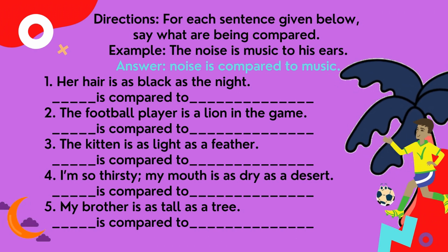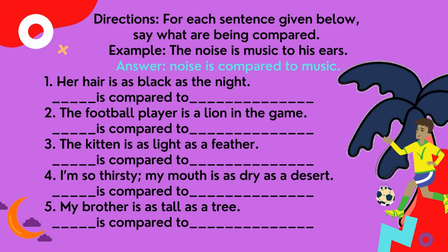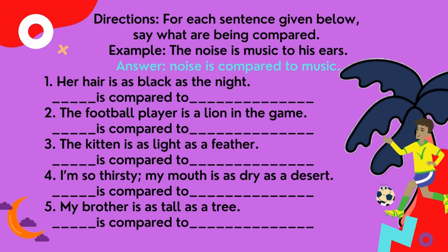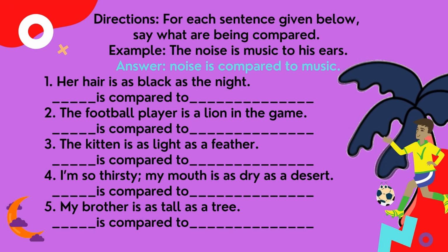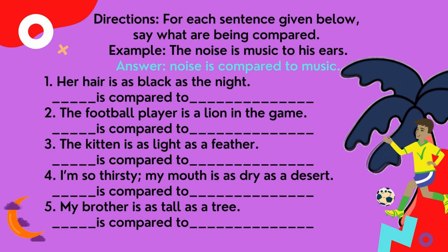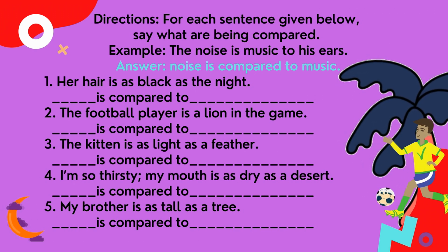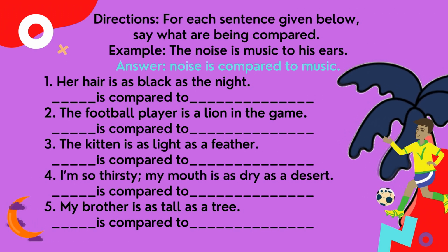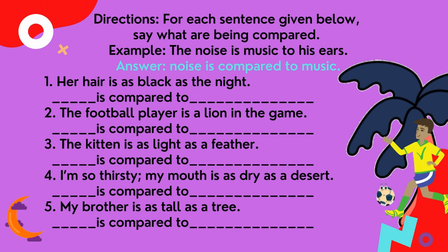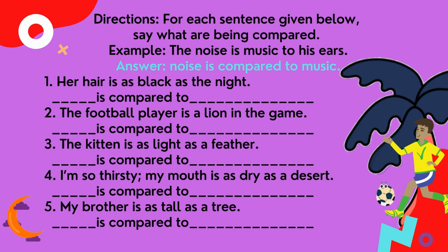Number four, I'm so thirsty. My mouth is as dry as a desert. Correct again. The mouth is compared to a desert. Number five, my brother is as tall as a tree. Correct again. Your brother is compared to a tree.